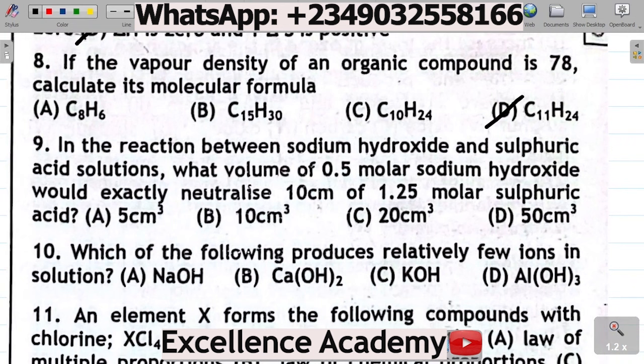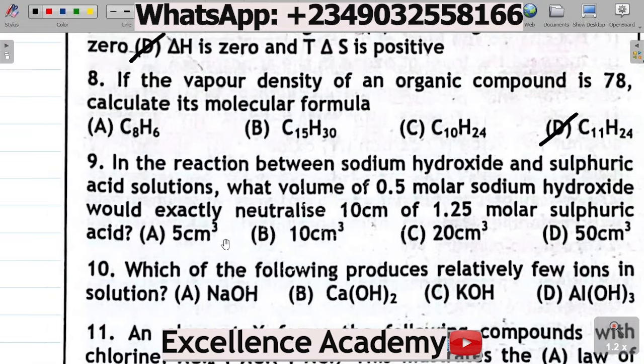Question number 9. In the reaction between sodium hydroxide and sulfuric acid solutions, what volume of 0.25 molar sodium hydroxide would exactly neutralize 10 cm cubed of 1.25 molar sulfuric acid? A. 5 cm cubed, B. 10 cm cubed, C. 20 cm cubed, D. 50 cm cubed.